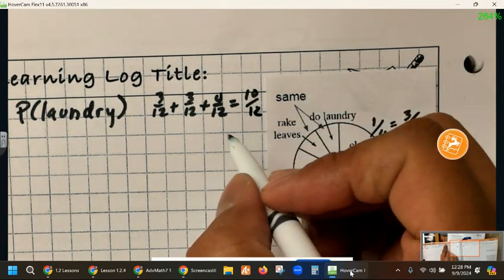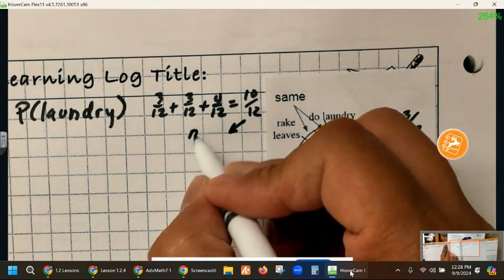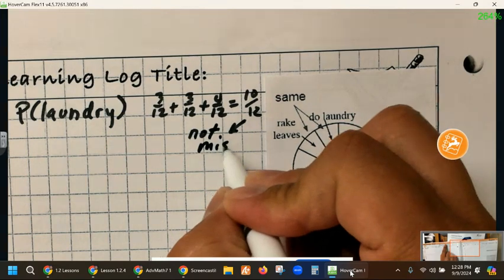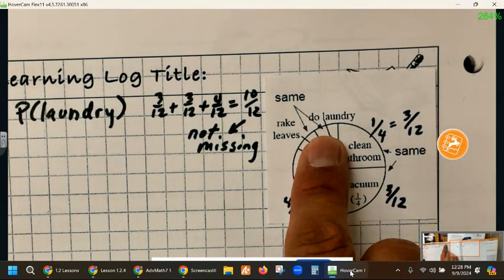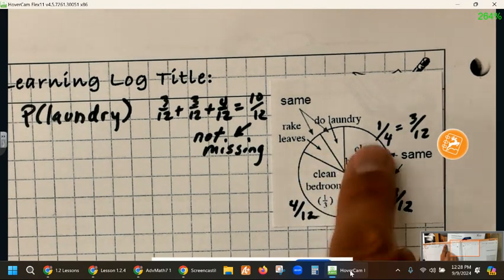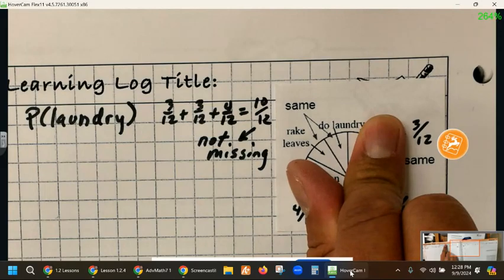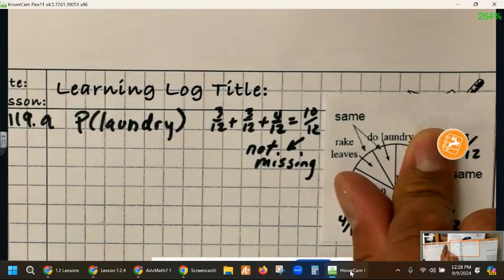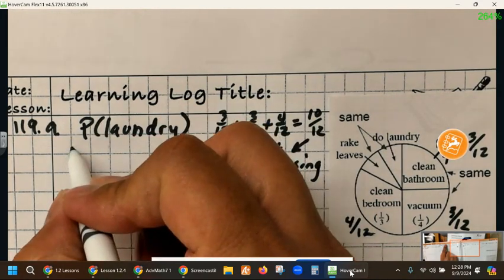Okay, but we have to remember that 10/12 is what is not missing. So we have to figure out what is missing, and the way we do that is we just take it away from the whole. So if we take all of this away from the entire one, which would be 12/12, then we can figure out what those two pieces are, and since they're the same, we would divide by 2. So here's the work.